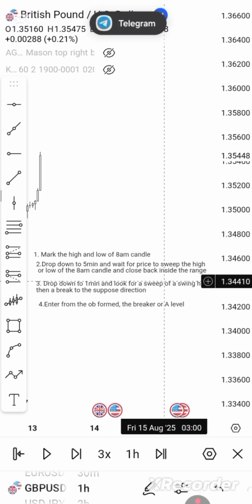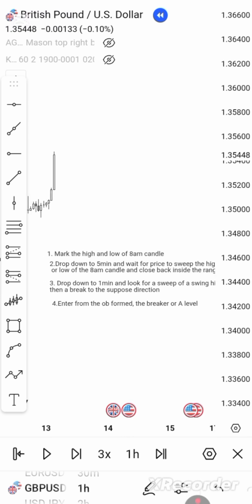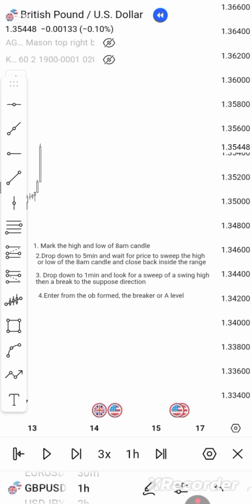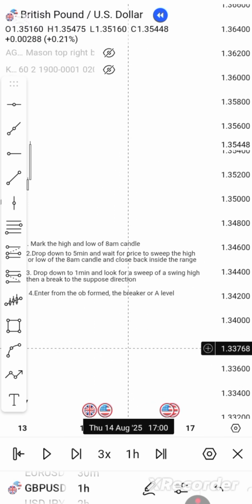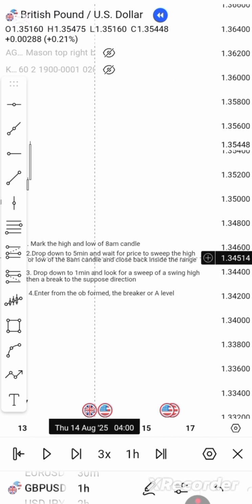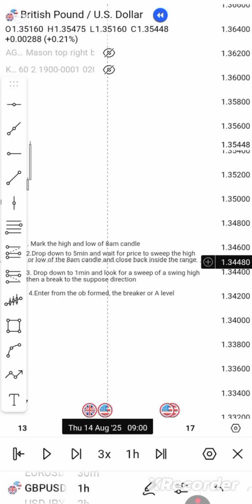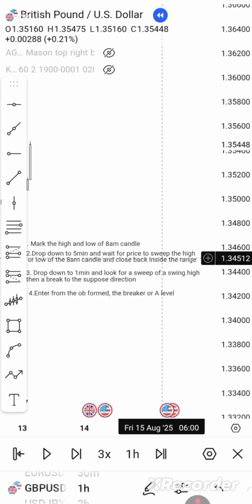After marking the high and the low of the 8 a.m. candle, then you drop down to the 5-minute time frame and wait for price to sweep the high or low of the 8 a.m. candle. Take note of it. After dropping to the 5-minute time frame, wait for price to sweep the high or the low of the 8 a.m. candle that you marked and close back inside the range.